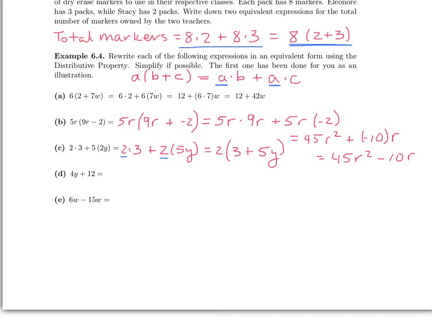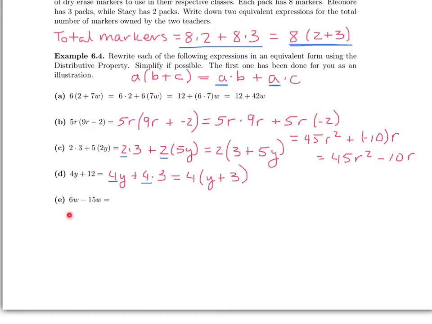In fact, we could rewrite this as 4y plus 4 times 3, so that you can see that there's this common factor of 4. The 4 is playing the role of the a. So we're going to rewrite this expression in this form. Let's go ahead and do that. The 4 will go out in front, and we're left with y plus 3.